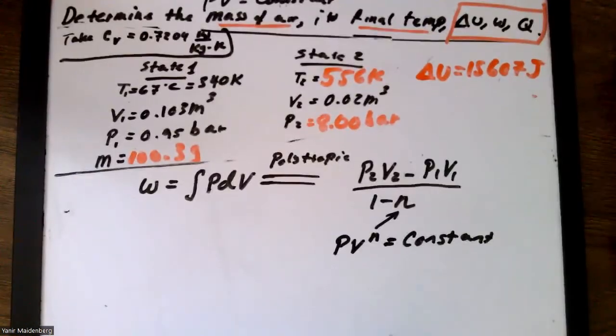It isn't always 1.3, in our case it is. So what we could do is use the final pressure and volume, the initial pressure and volume, and N equal to 1.3 to get the work.